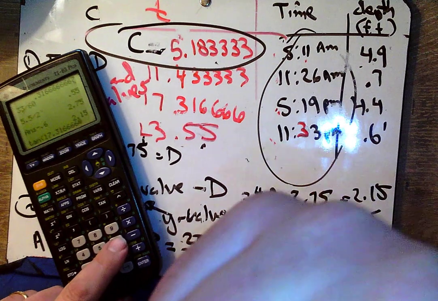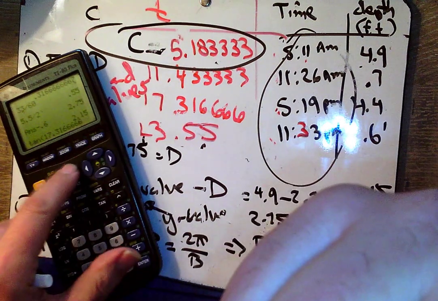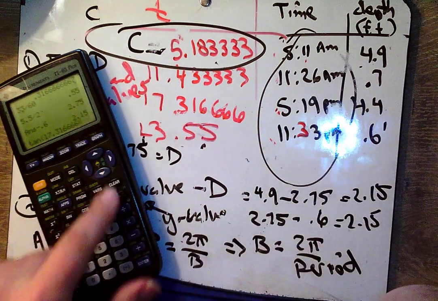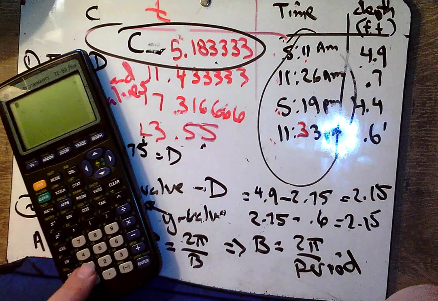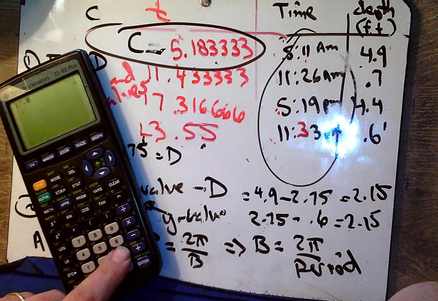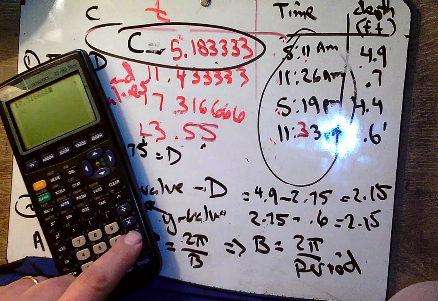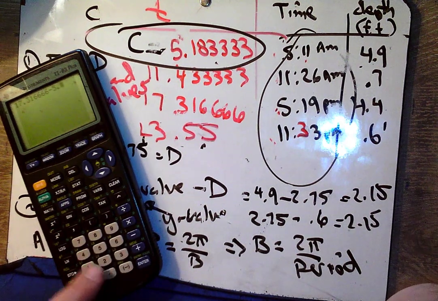17.316666. Right. No, I don't know that one. 17.316 minus 5.18.